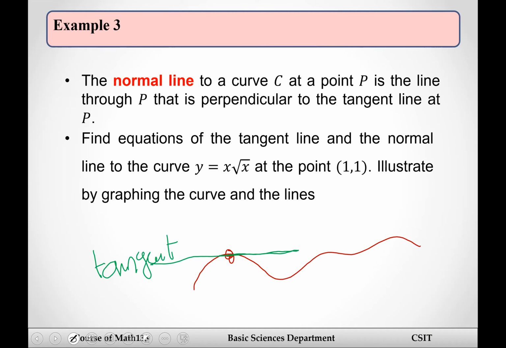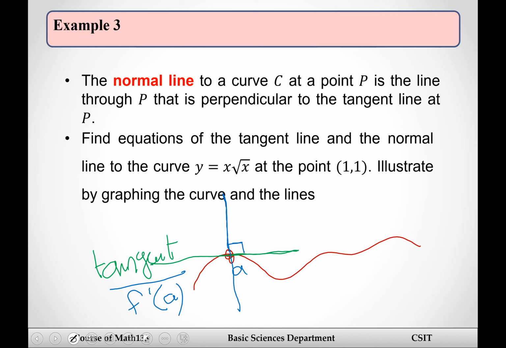So what is the normal? The normal is at the same point, a line which is passing by the same point, and it is perpendicular to the tangent line. So in fact, if you have the tangent, which is linked with the f prime of the point A, let's say this is A, okay?